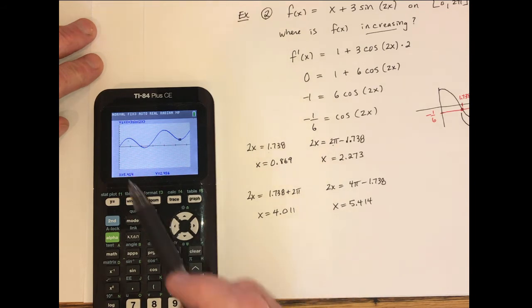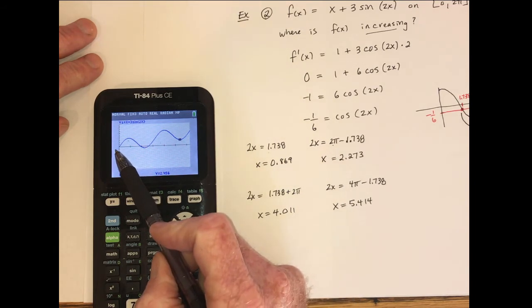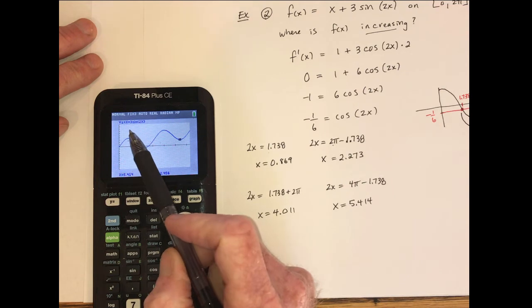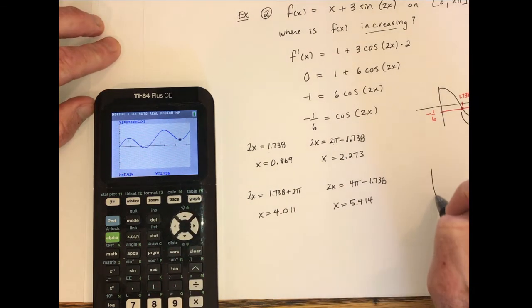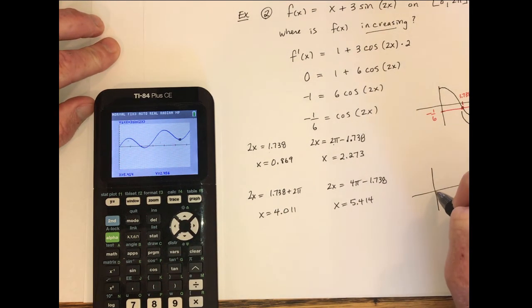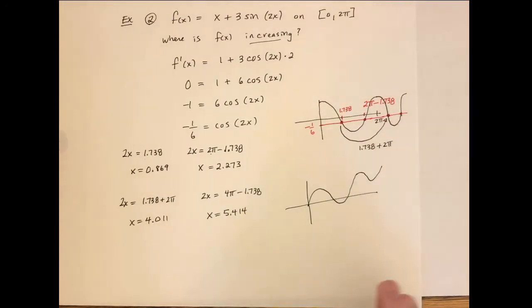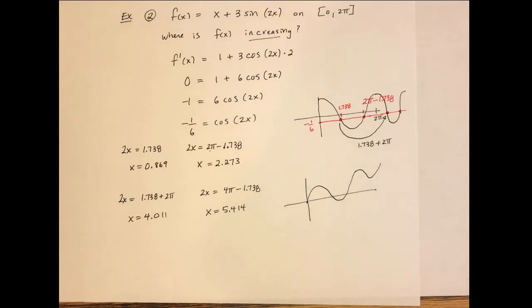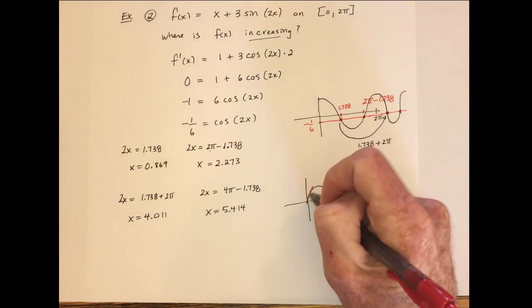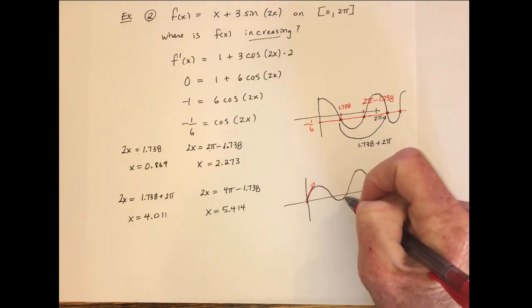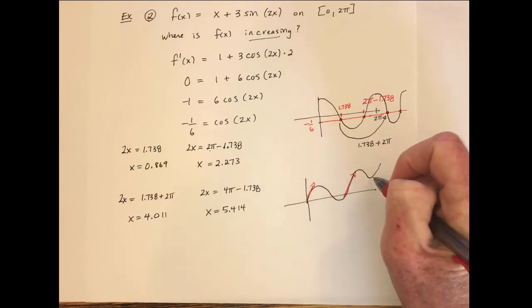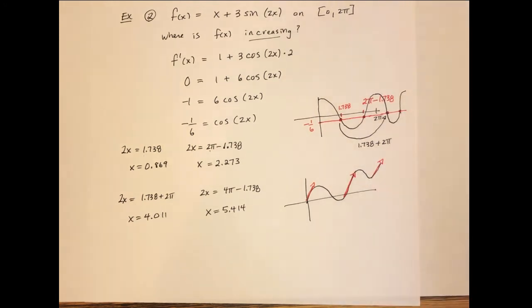So that means that from 0 until that first one, that's increasing. So now I could look at the actual graph, which looks like this. Oh, sorry, that's not on the screen. There we go. And so that means that this part is increasing, this part is increasing, and this part is increasing.